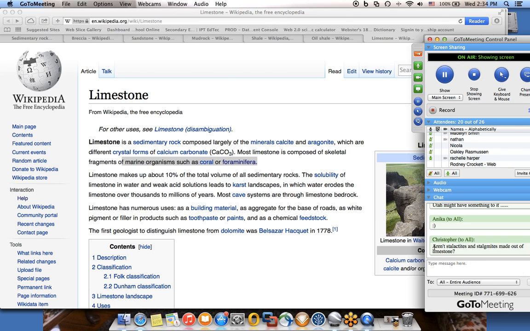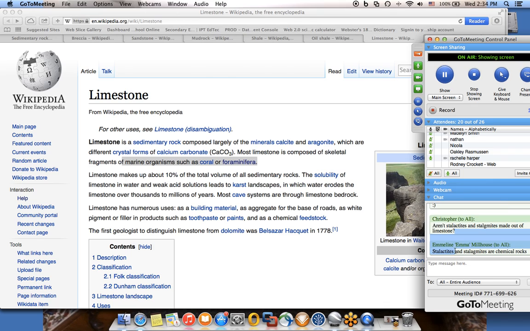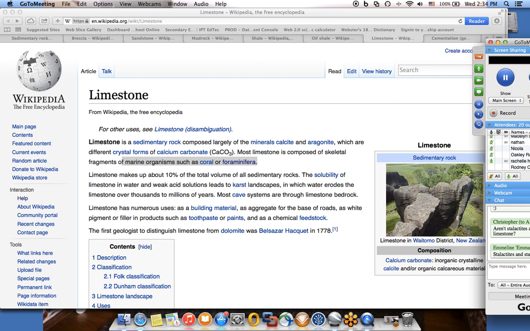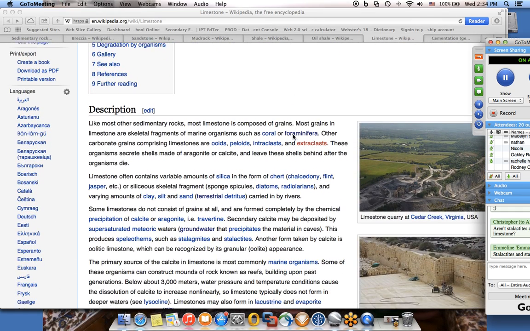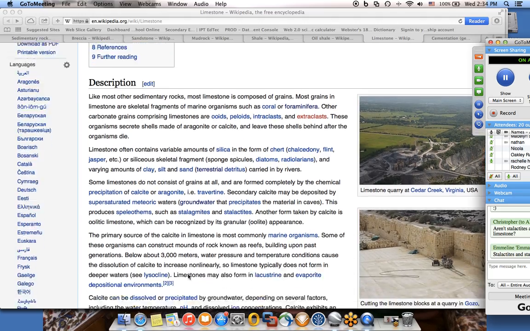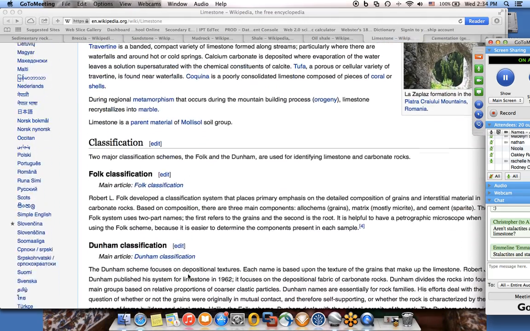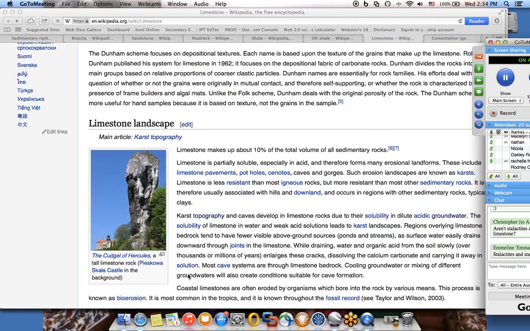So Christopher asked, aren't stalactites and stalagmites made out of limestone? Yes. Stalactites and stalagmites are chemical rocks. As I was reading this article, I found a description of that in the article on limestone.